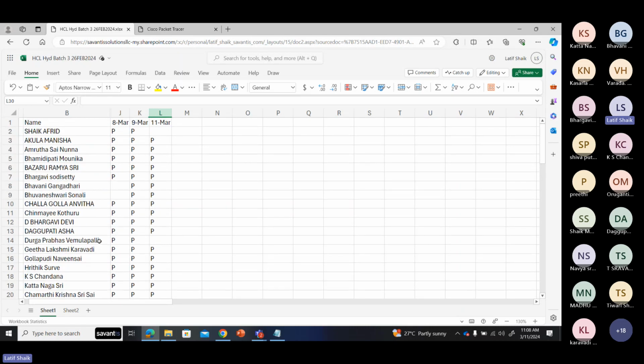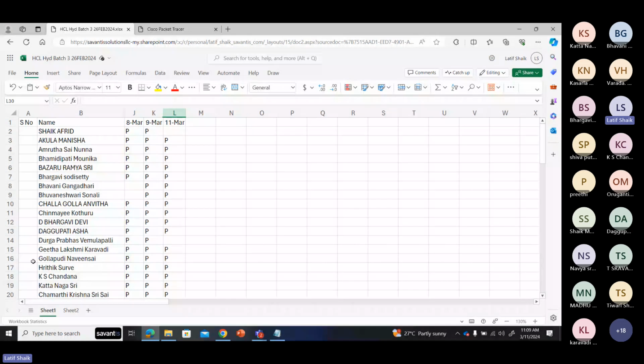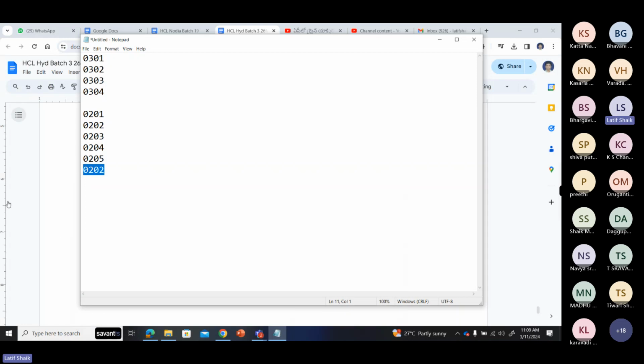So no problem, but if repeated names are there, then there is a small problem. But if I assign serial numbers repeatedly, it is called a conflict. If two people have the same roll number, conflict. Two systems having the same IP address is a conflict, meaning both network and host portions are the same.